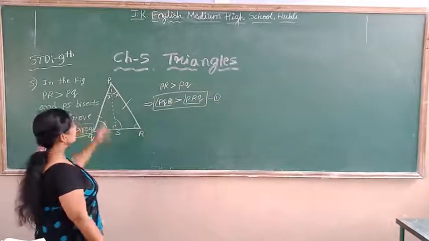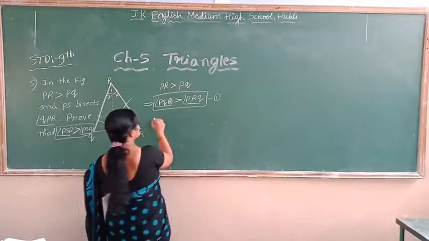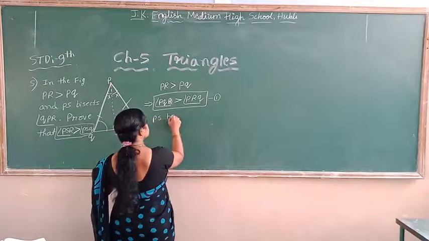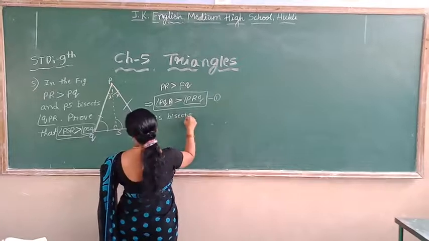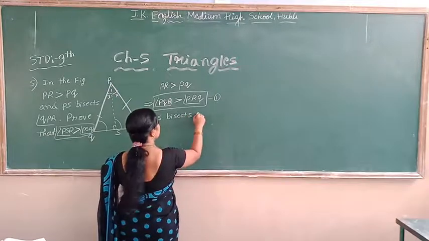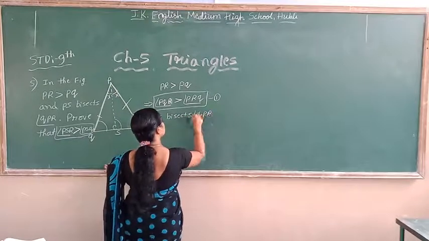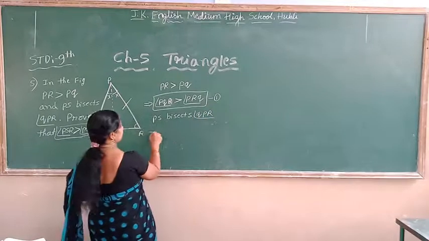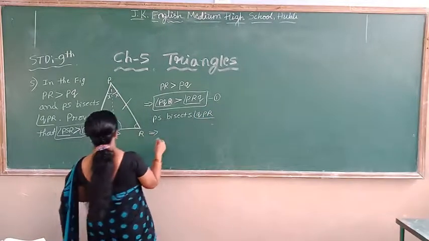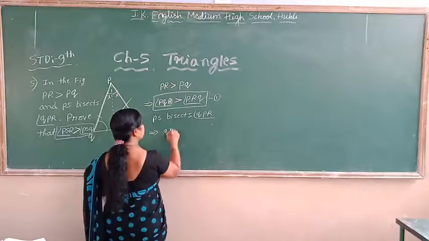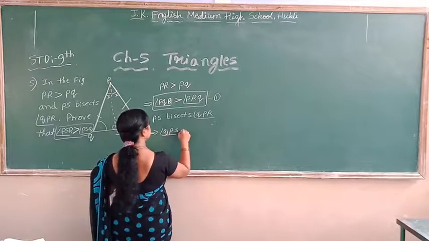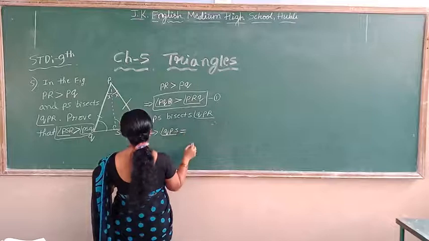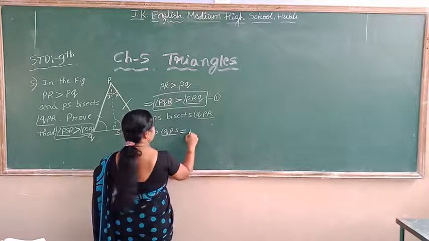Okay, so now we know PS bisects angle QPR, this is also given. If it is bisecting, what does it imply? Angle QPS is equal to angle RPS.